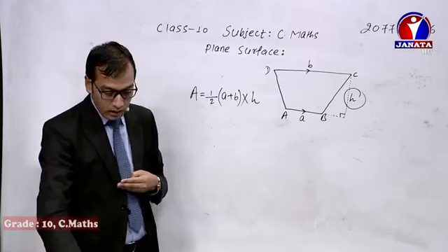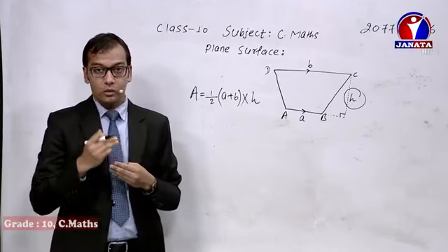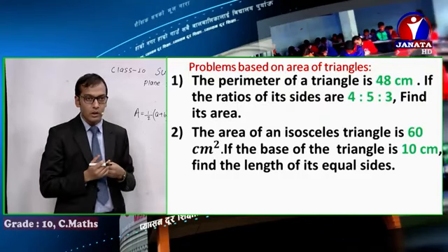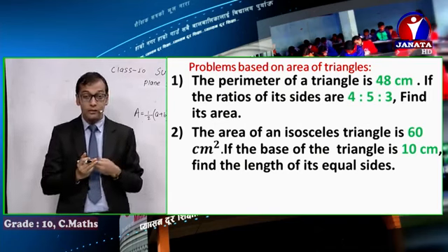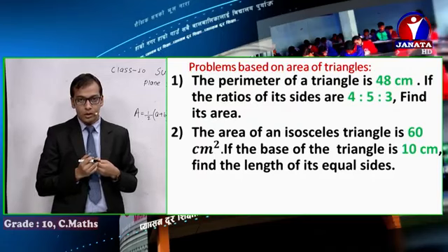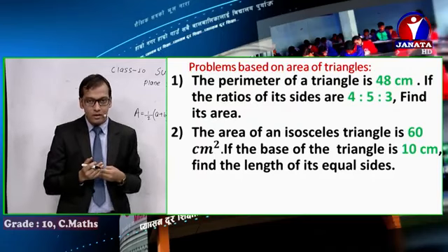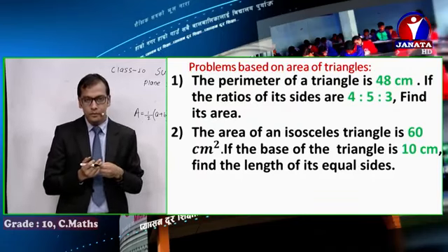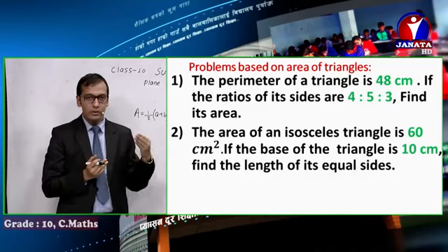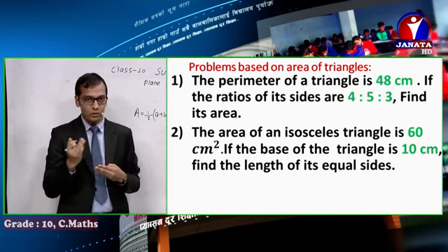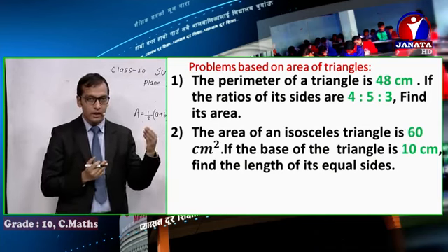Now let me take a question. We can read the question on the slide. I am beginning from the area of a triangle. In the previous classes, I took some examples while deriving the formula of the area of an isosceles triangle and the area of an equilateral triangle.